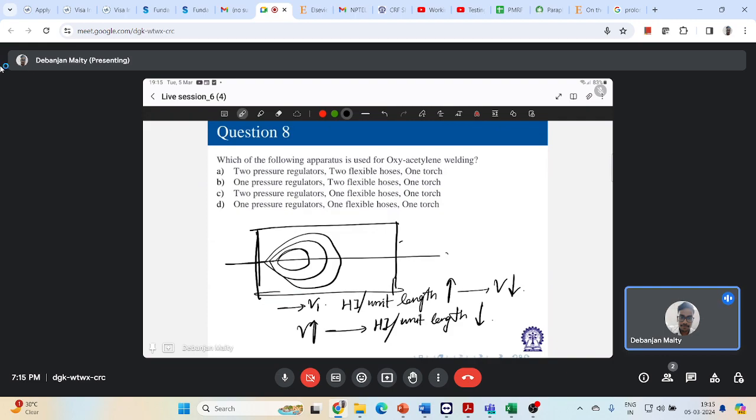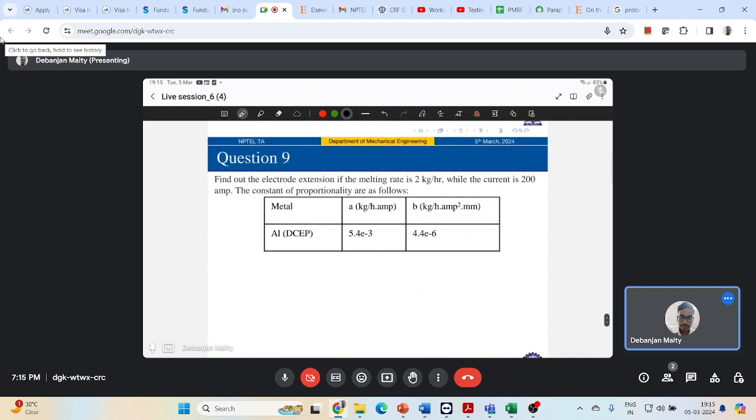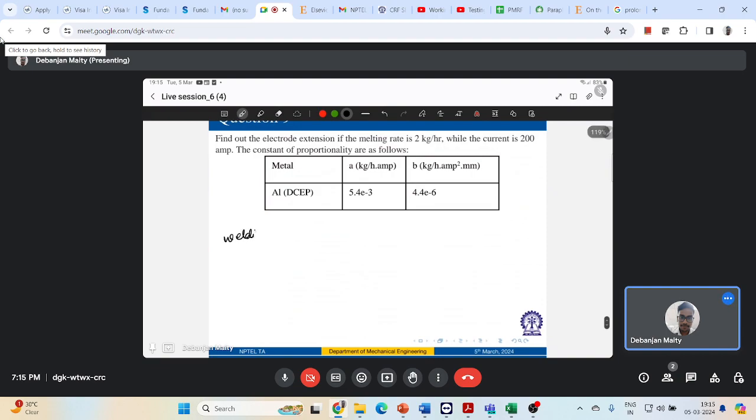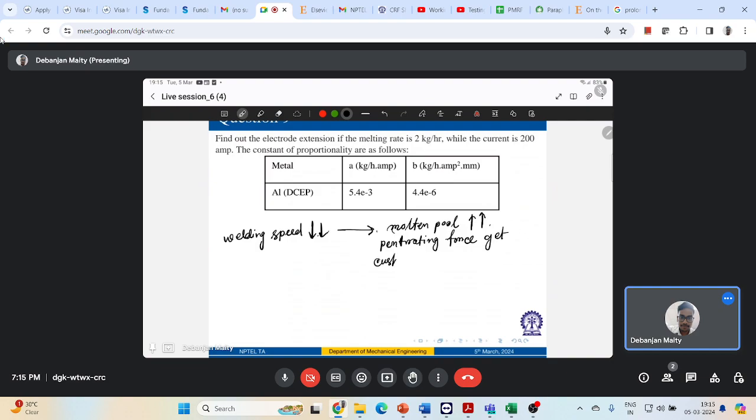So if your welding speed is very low, let's say my welding speed is very low, the molten pool will be very large, and the penetrating force gets cushioned by that molten pool.